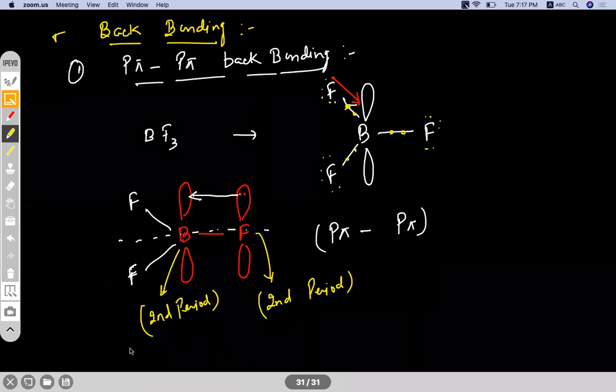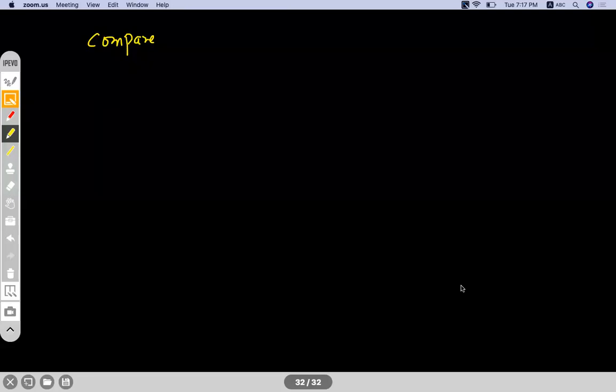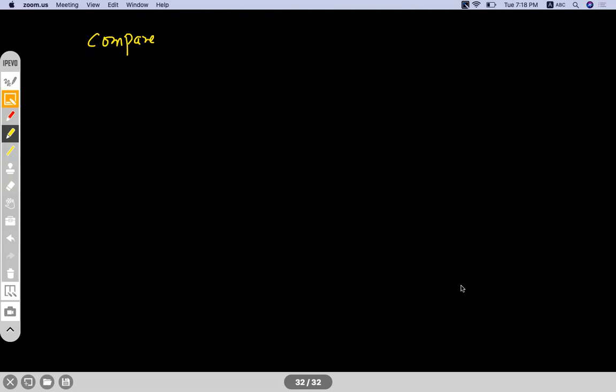Due to back bonding, the electron deficiency of boron decreases.